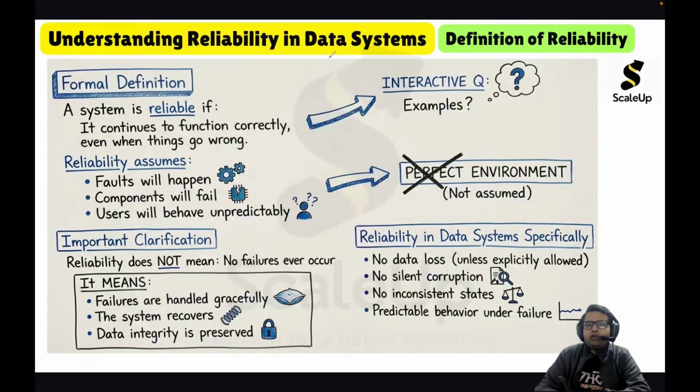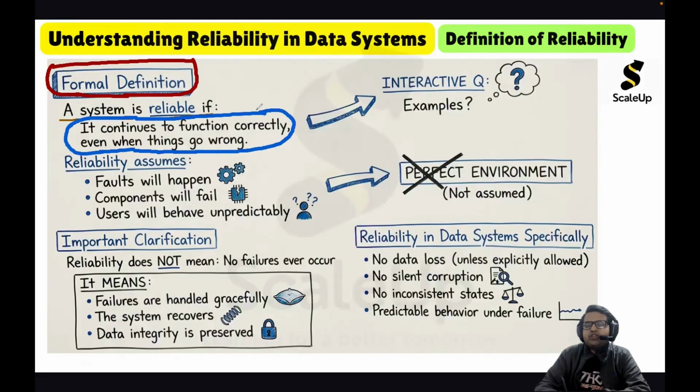The formal definition of reliability: a system is reliable if it continues to function correctly even when things go wrong. If the system can function correctly even under stress, or even when things go wrong, then we call the system reliable.